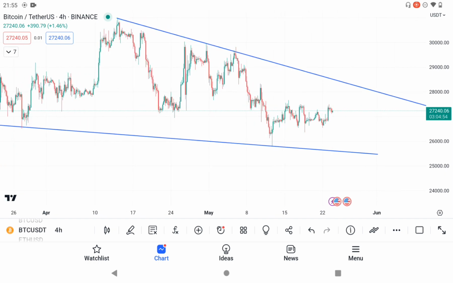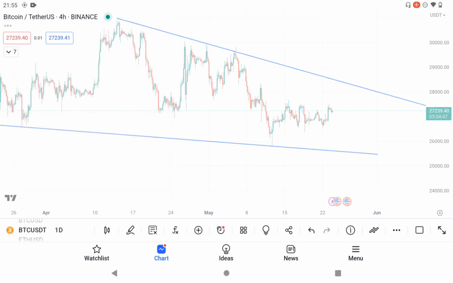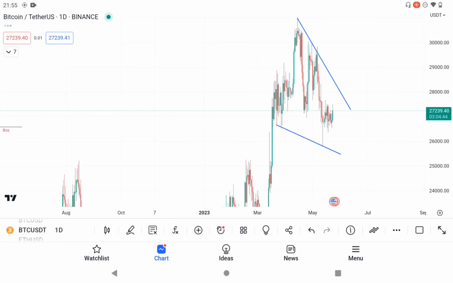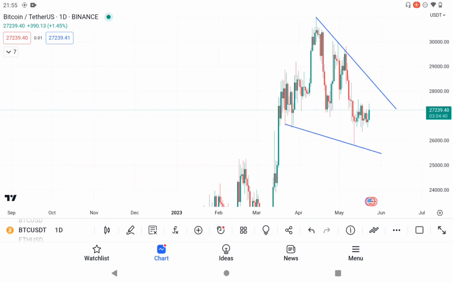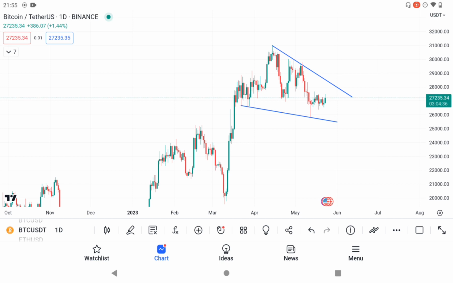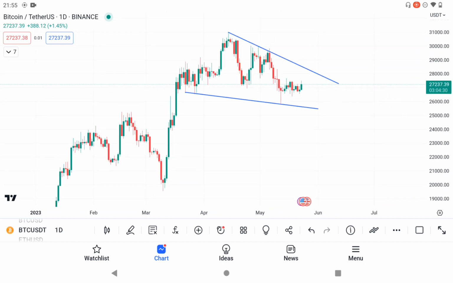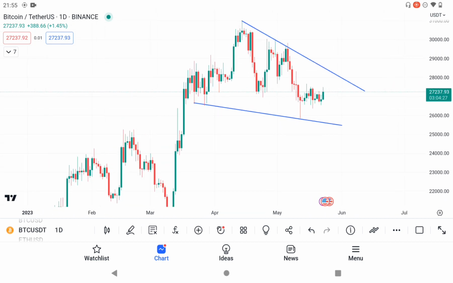This is BTC USDT and I'm going to be dropping this analysis real quick, starting from the daily time frame down to the 4 hours and possibly figuring out where exactly we are at the current stage of the market, right? Good. So this is the BTC chart and this is the daily time frame, as you can see.